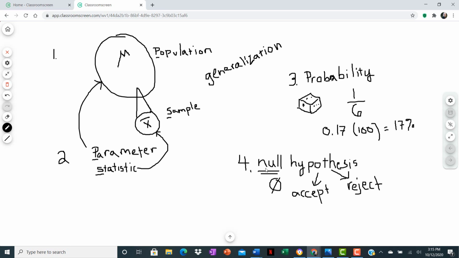The most important thing about number 4 is to remember that when we begin any study, any kind of inferential statistical analysis, we begin with a null hypothesis. The null hypothesis says basically no, it doesn't exist. It assumes that there is no relationship between whatever variables you are trying to study.